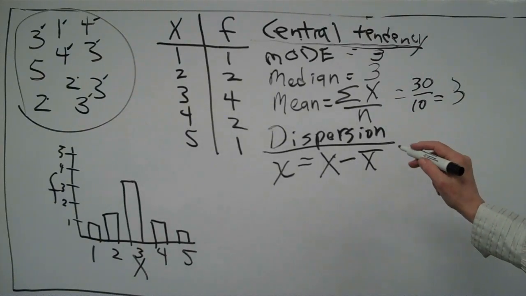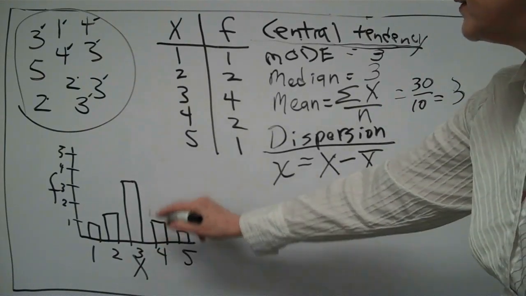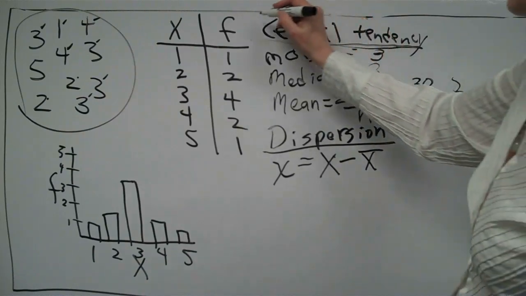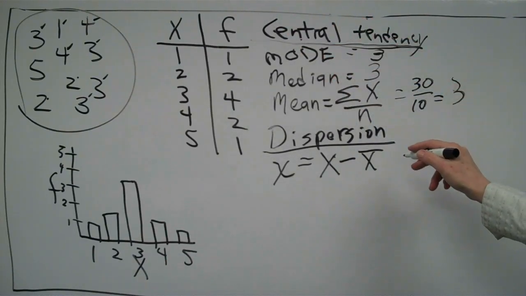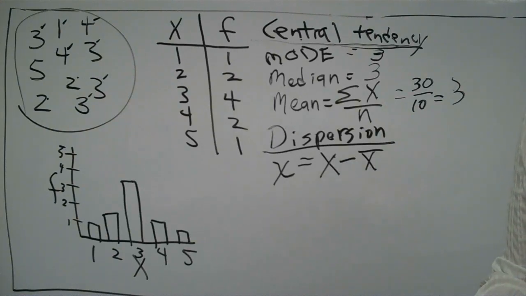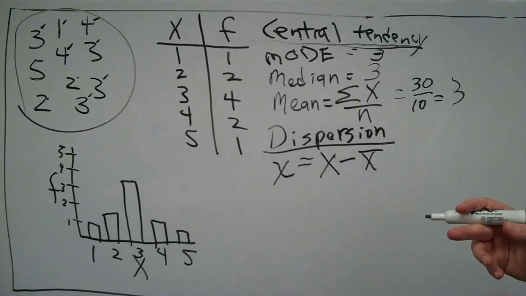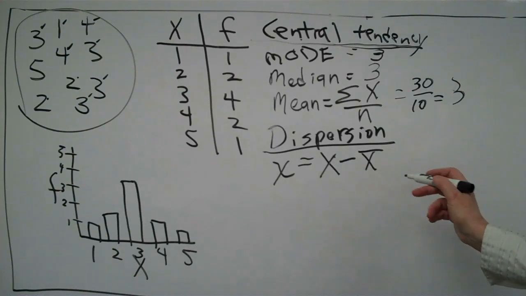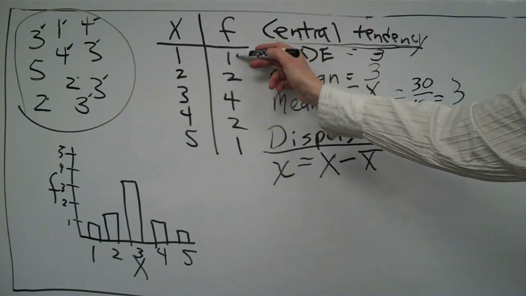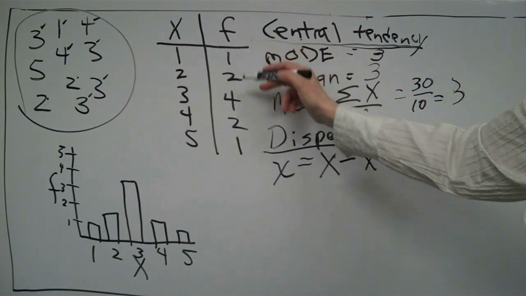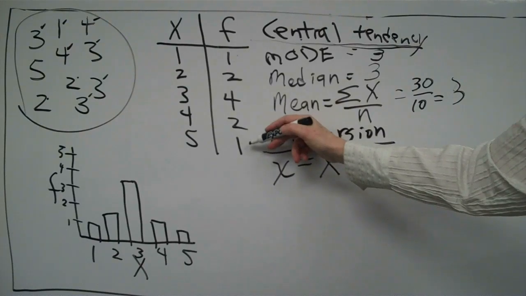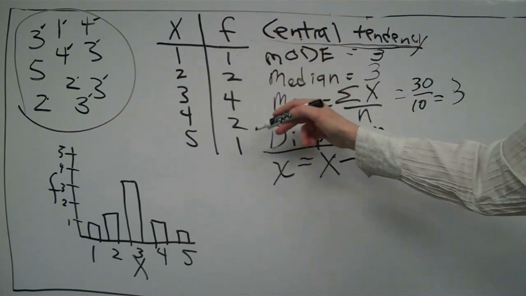If we calculate a deviation score for each score in the distribution, we could have a bunch of those deviation scores, but if we calculate their average to see how spread out it is on average, it will always equal 0, because if you look at this, 1 minus 3 is going to give us a minus 2, but 5 minus 3 is also going to give us 2, and this is a minus 2 and a plus 2.